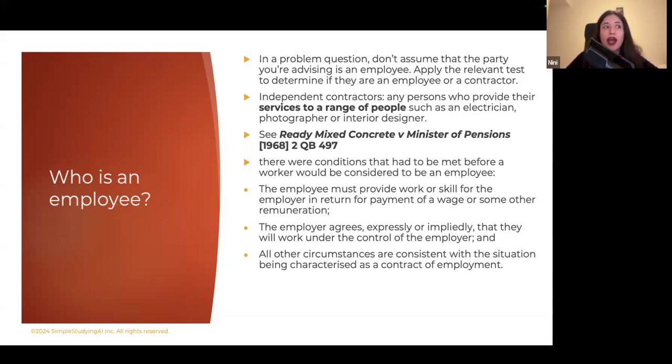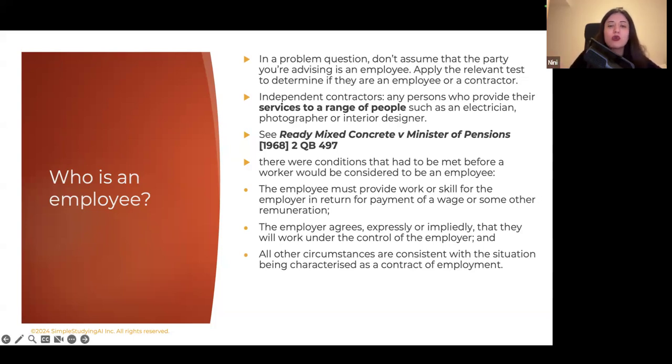But someone who has multiple clients, for example lawyers, can have multiple clients. Is the client the employer of the lawyer? Most of the time it's not, because the lawyer has multiple clients, they have control over their time, and they're not controlled by their clients.